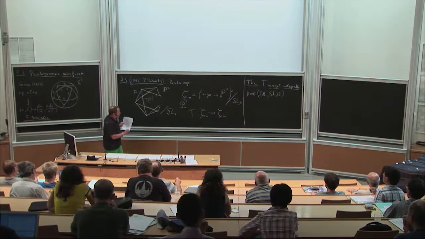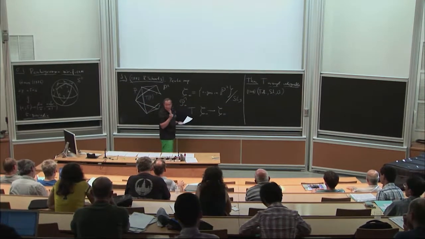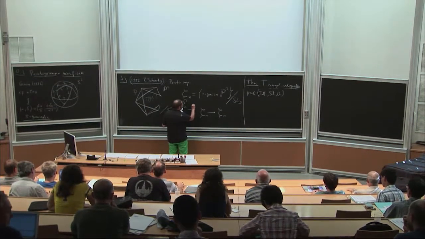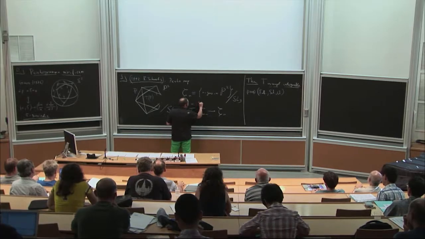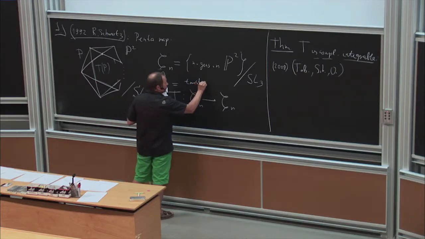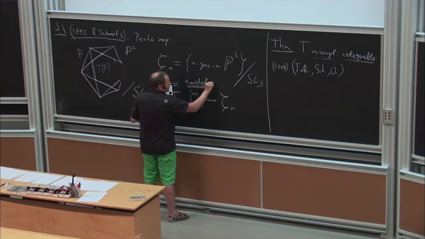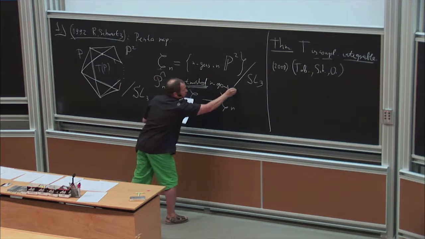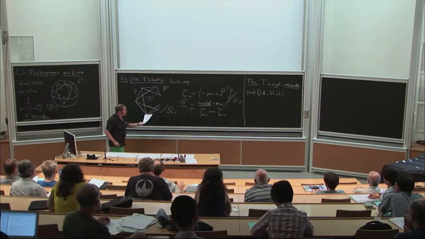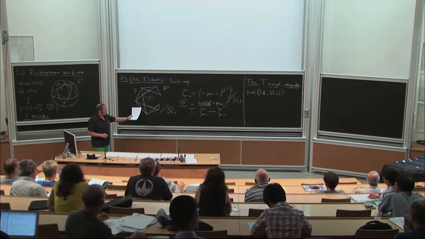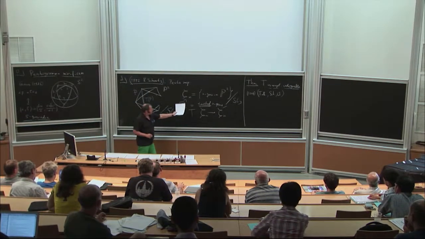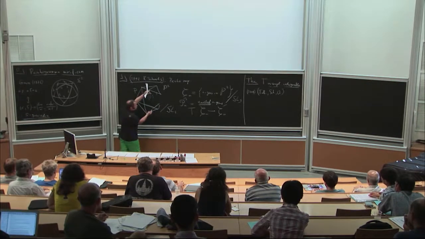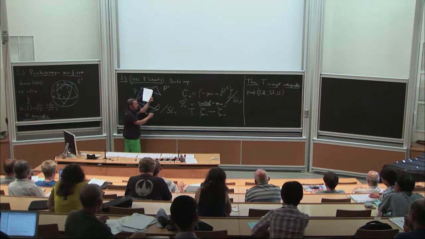And so this Pn is also the space of n-gons, but it is a space of twisted n-gons in the projective plane, also quotient by the same action of SL3. So twisted means that the n-gon does not close, actually.